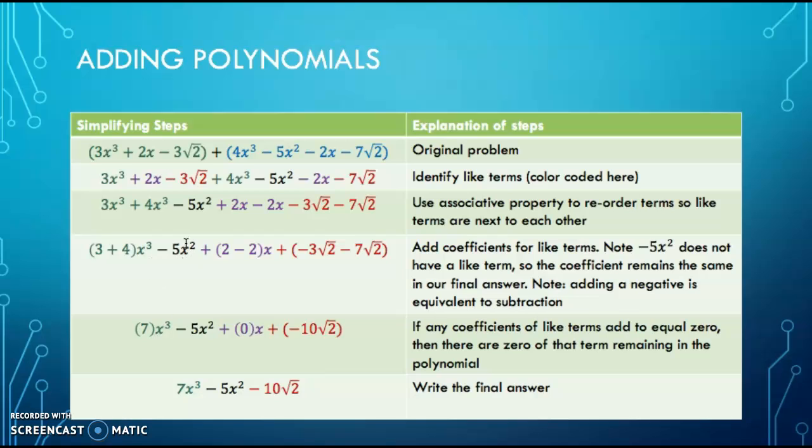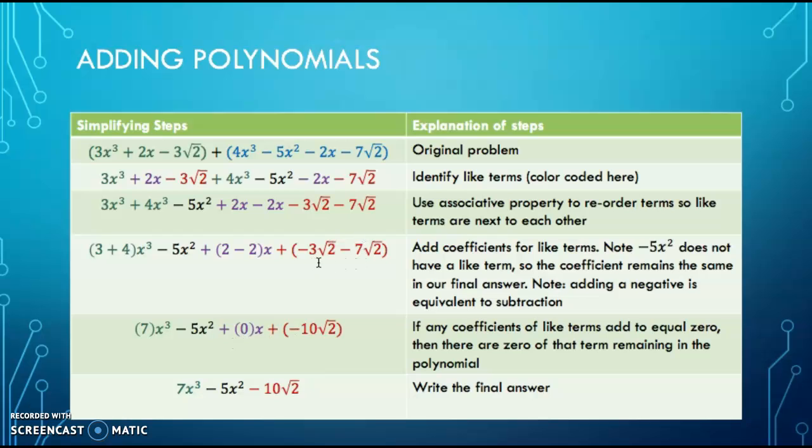And since I had nothing to combine this 5x squared with, it's just going to stay in my problem, and that's okay. Notice here on the x term, I have 2 minus 2 times x, and this turns out to be 0x, and 0 times anything is 0. So this is no longer impacting my expression, so I'm going to eliminate that term altogether since it simplifies to 0.